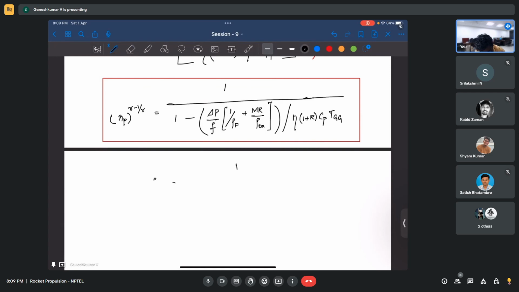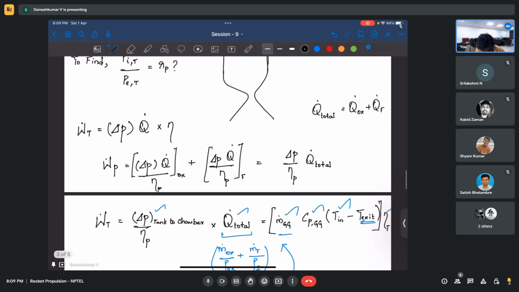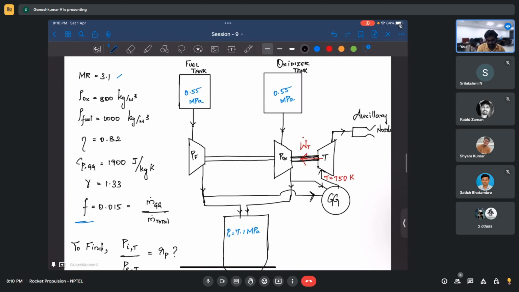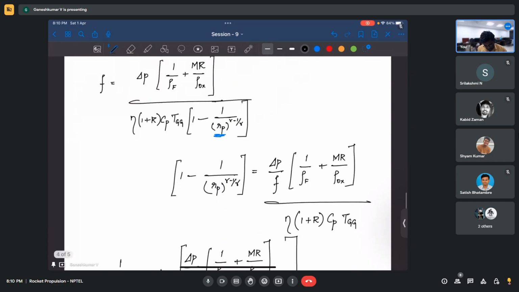So let's say if I start substituting, it should be delta P. How much is delta P? 7.1 minus 0.55, it's going to be 6.55 megapascal, right?